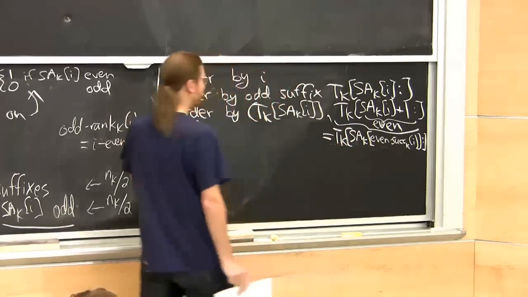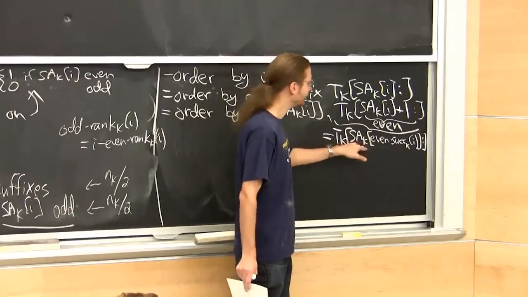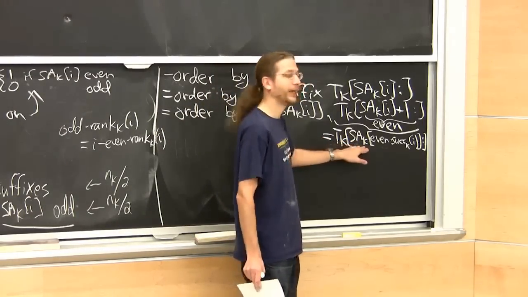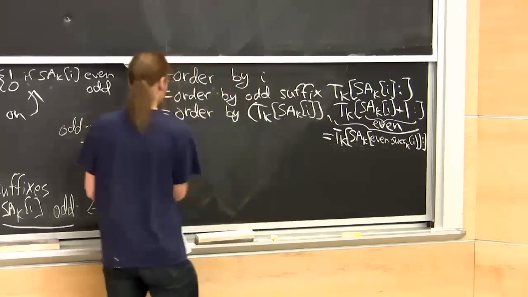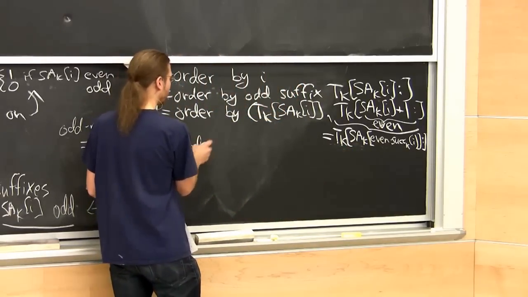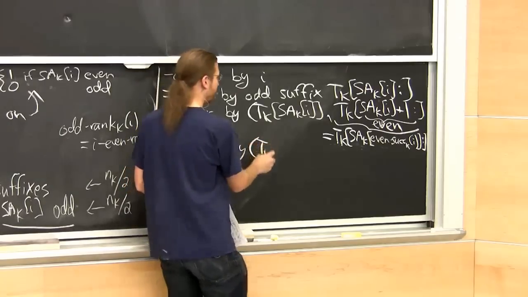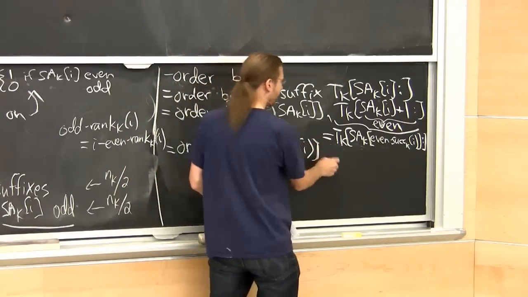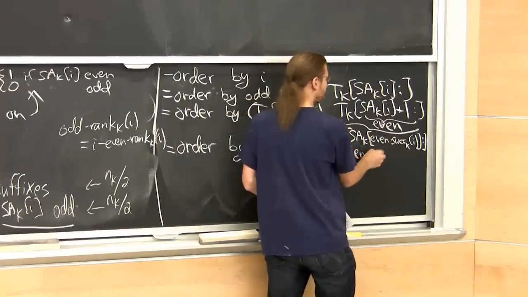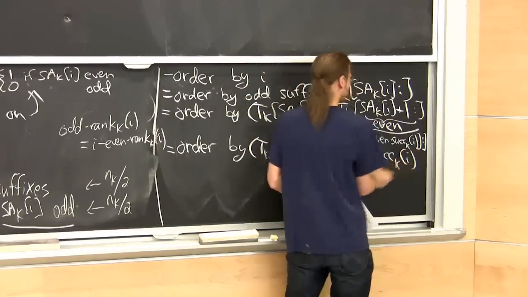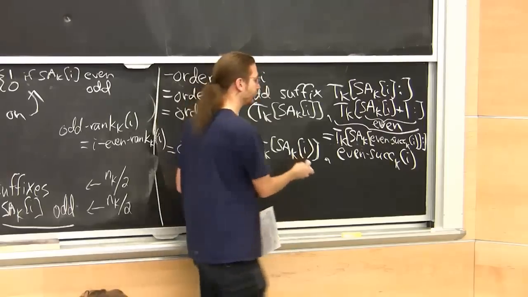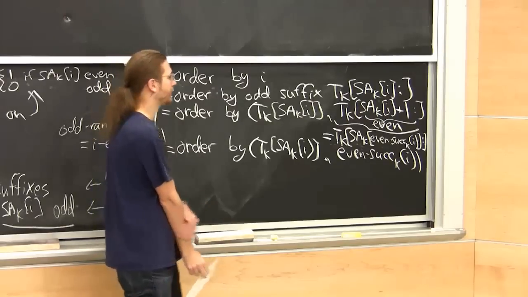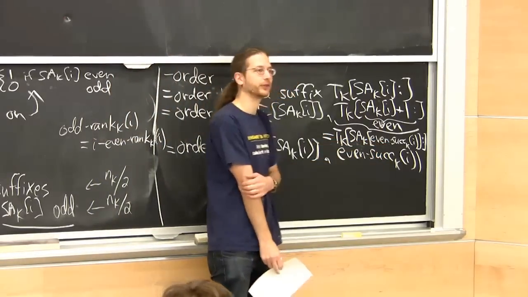So if I'm ordering by the suffixes given in order by SAK, they're already sorted. There's no reason to do this TK of SAK part. This is going to be the same thing as ordering by the first letter, TK SAK of I, comma, even successor. The suffix array is defined to have this property that these orders are the same thing. Sorting by the suffixes is the same thing as sorting by the indices into the suffix array.